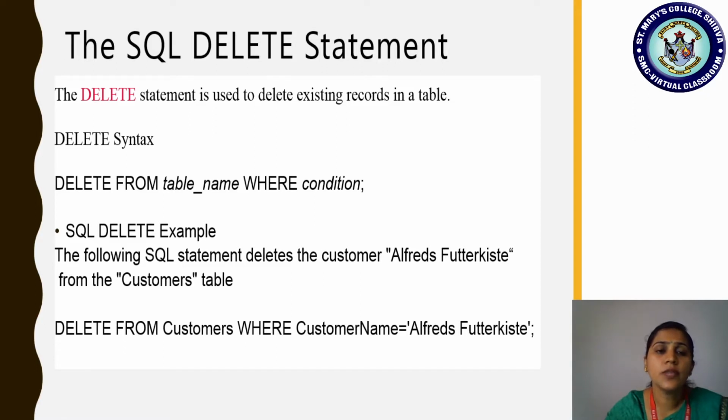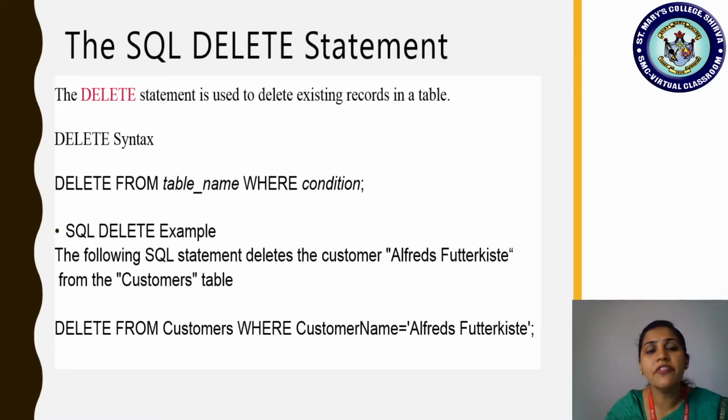Suppose let us assume that there is customer information. In a customer table we had some customer name, contact name, then the country, this information was there, right? So if we want to delete a particular record, in such a case we should add the condition with the help of the where clause.